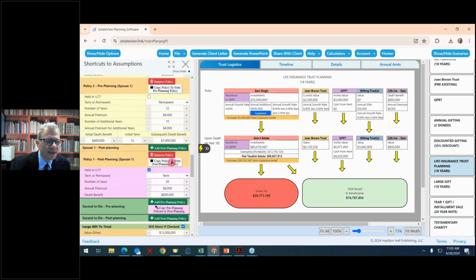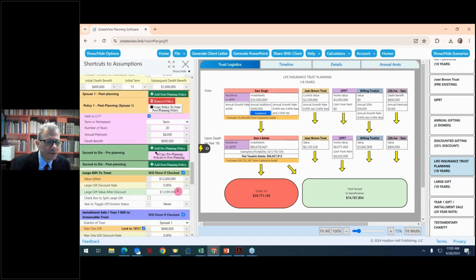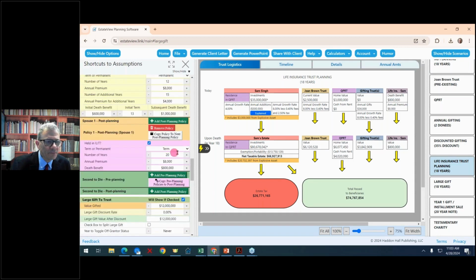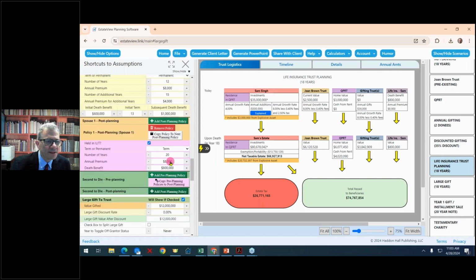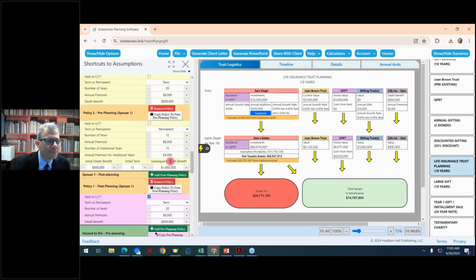And so then I can add post-planning to that by clicking on post-planning as to this policy that I just added.